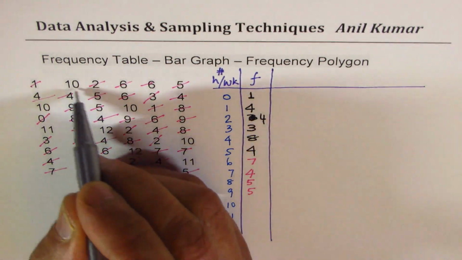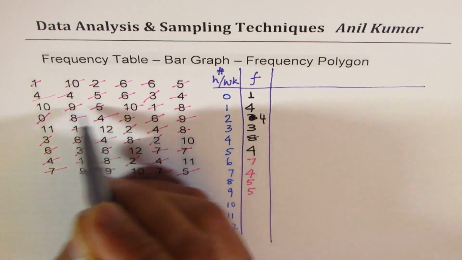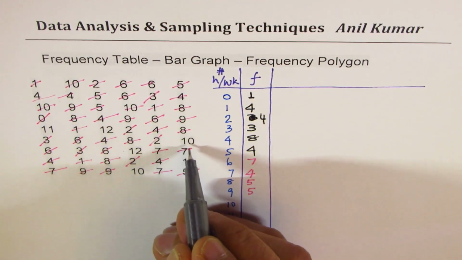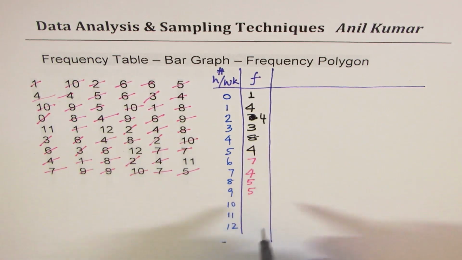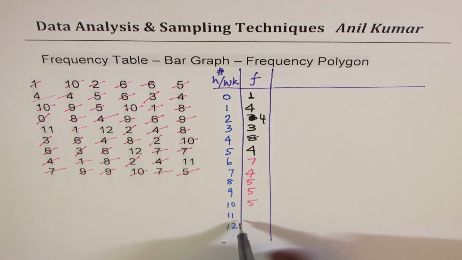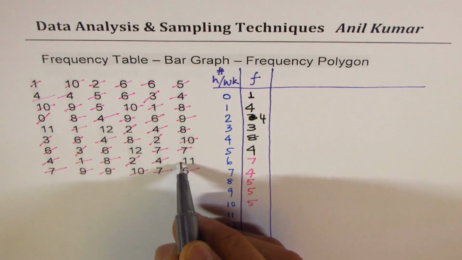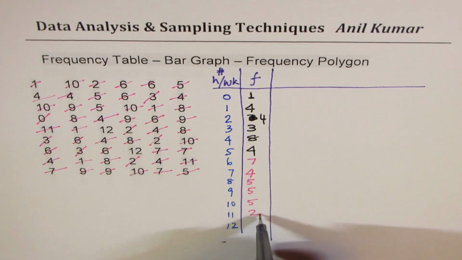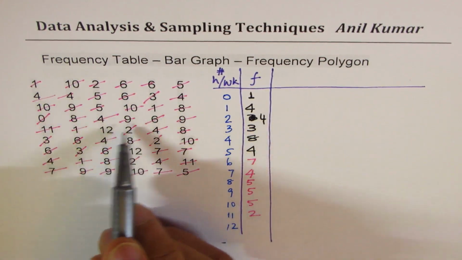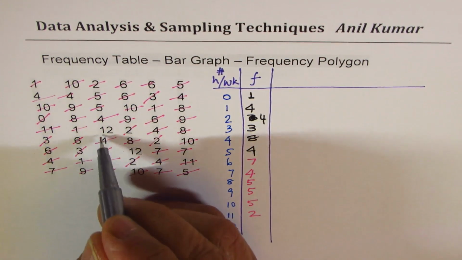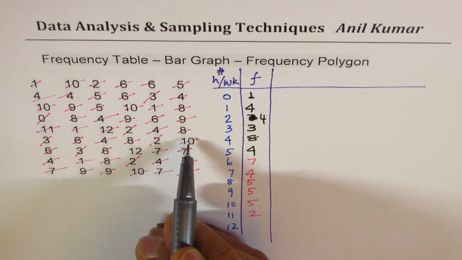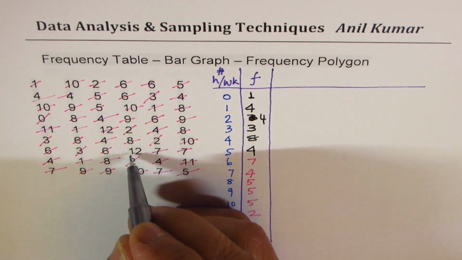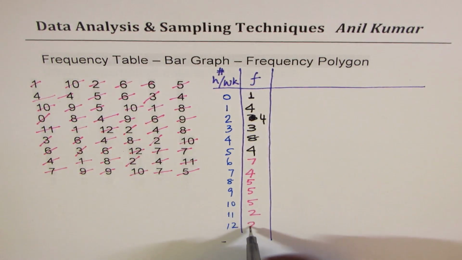Number of 10s, 1, 2, 3, 4, 5. Number of 11s, 1 and 1, 2. Number of 12s, 1 and 1, 2.